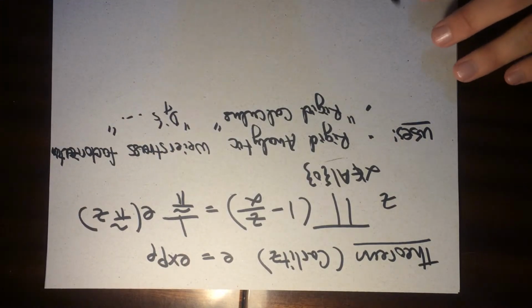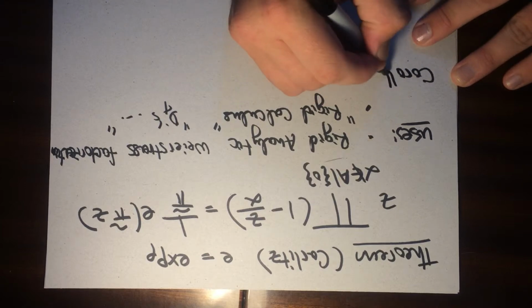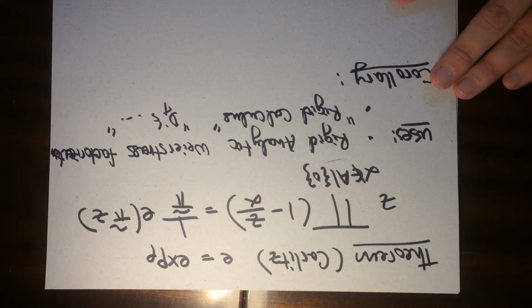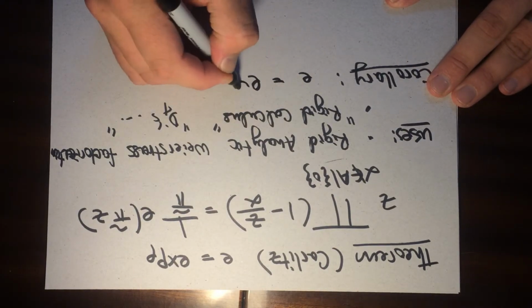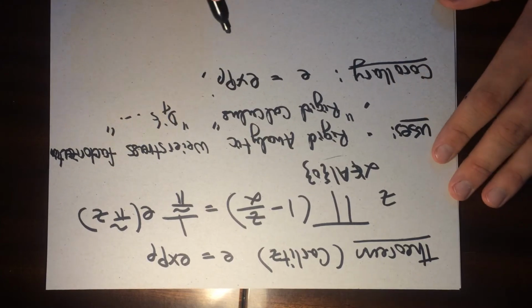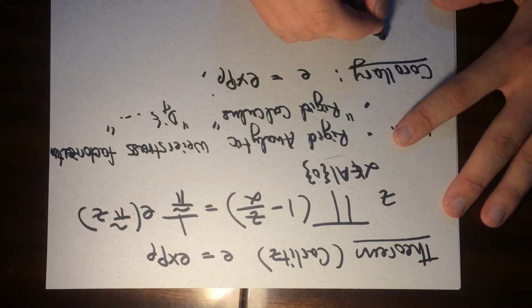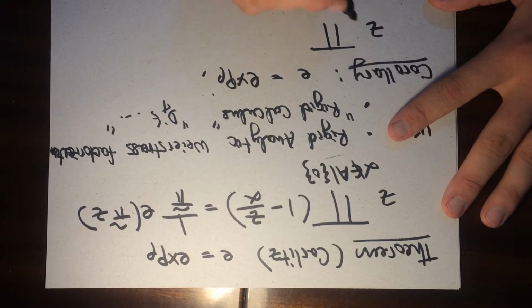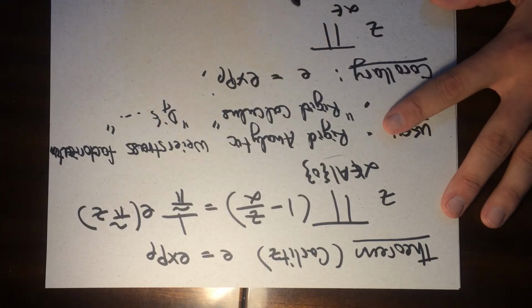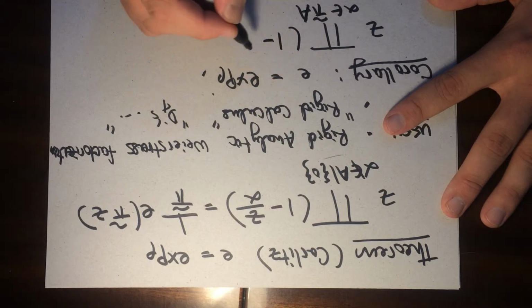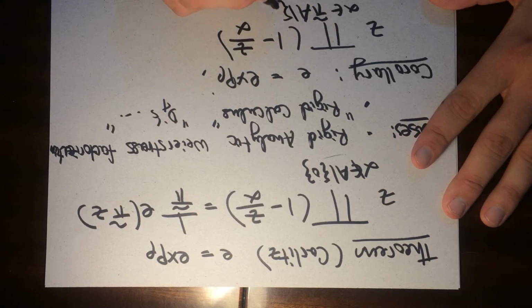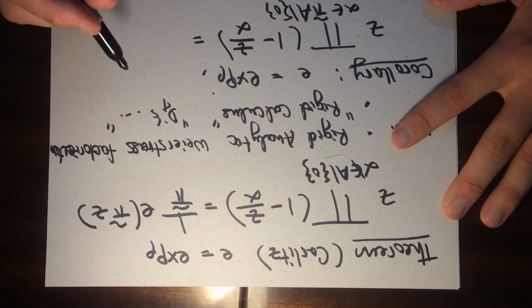As a consequence of this, we get a formula for the Carlitz exponential again. Let e be the Carlitz exponential, and we have the following: z times the product over nonzero alpha in pi tilde A of 1 minus z over alpha is equal to the Carlitz exponential.